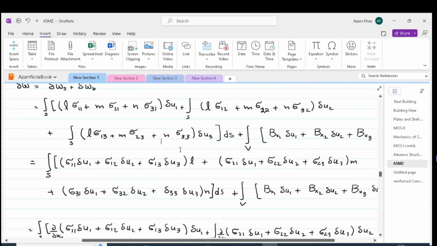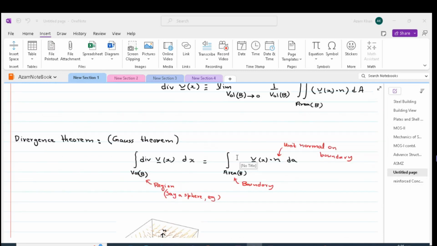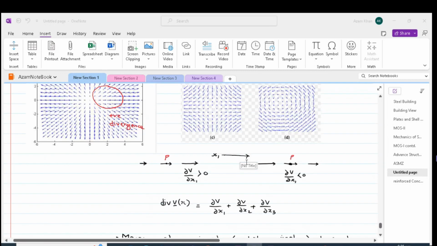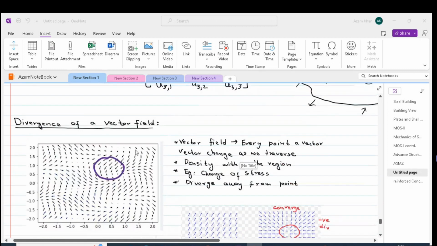In order to add these two integrals, we have to make use of the so-called divergence theorem. The divergence theorem and the corresponding divergence are explained in the mathematical preliminaries lecture series.